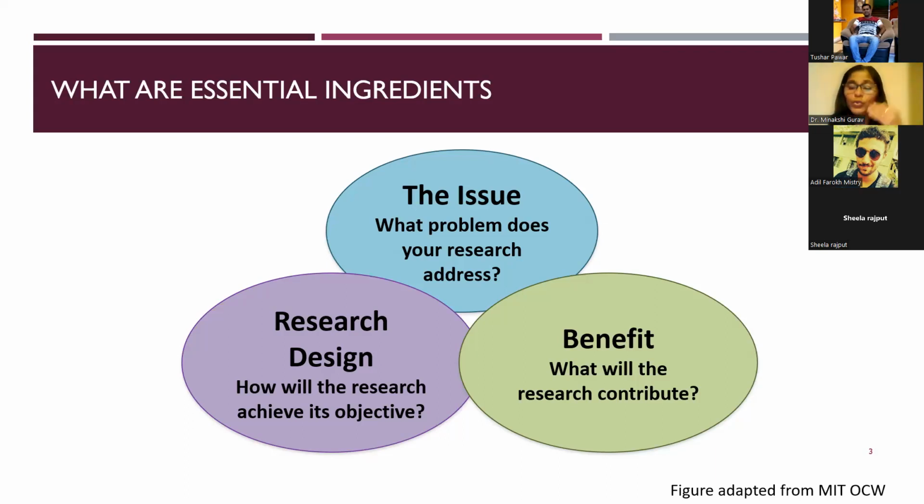The one who is going to assess your research proposal is looking for the issue, your research design, and the benefit. It is like you are the seller and the authority is the customer. If you are going to buy something, you will first decide whether you need to buy it.